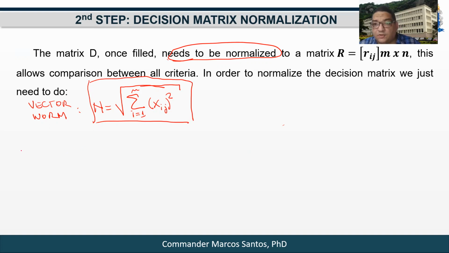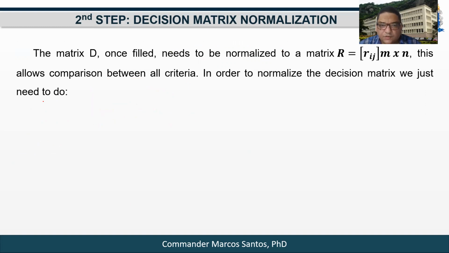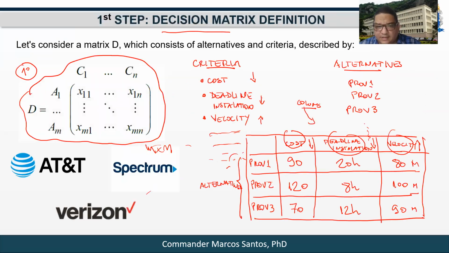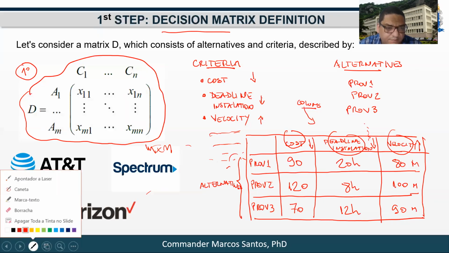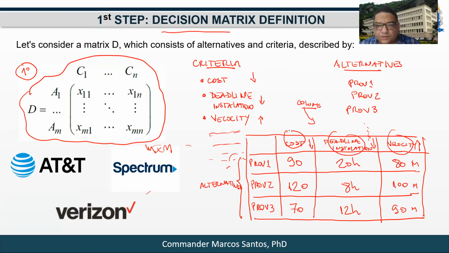So let's calculate the cost vector norm. I will change the color of my pen. For instance, here we have cost.